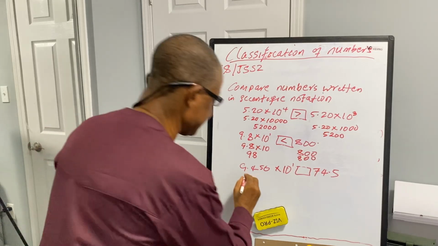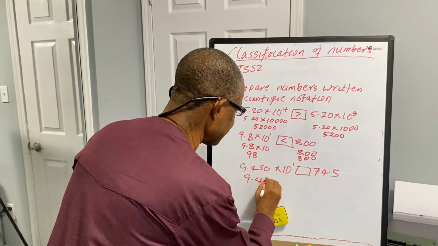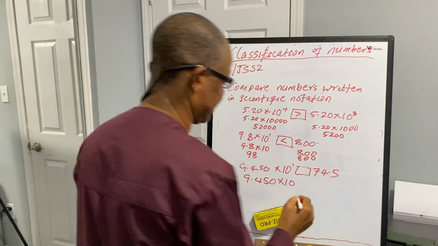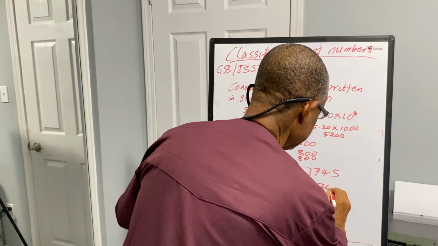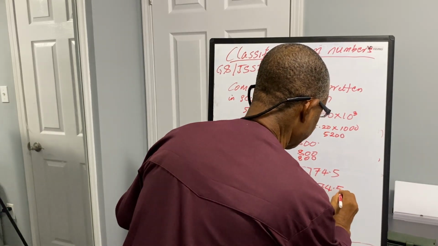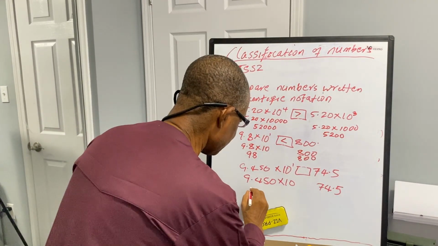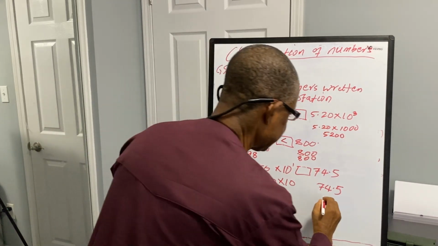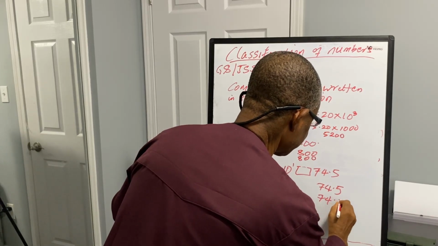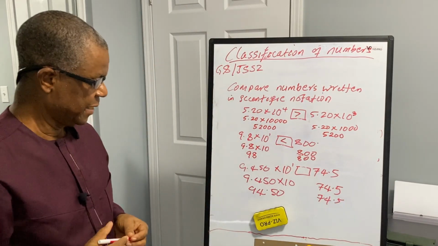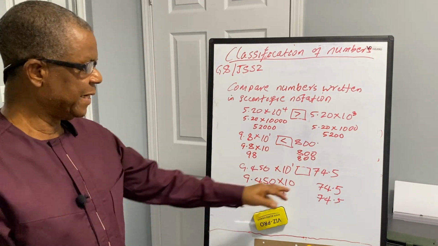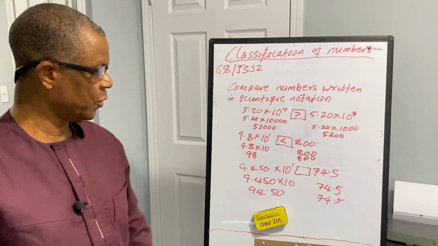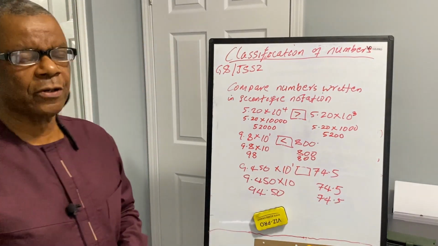And this other one is 9.450 times 10. I told you anything raised to power 1 remain the same thing. And this one is already written in ordinary form. This will give us 94.50. And this remains 74.5. Then you ask yourself, is 94.5 less than 74.5, or is 94.50 greater than 74.5?